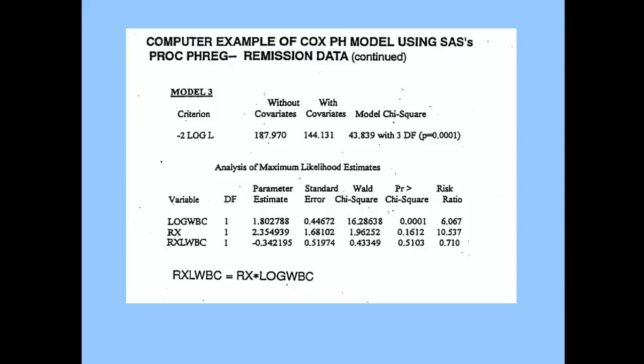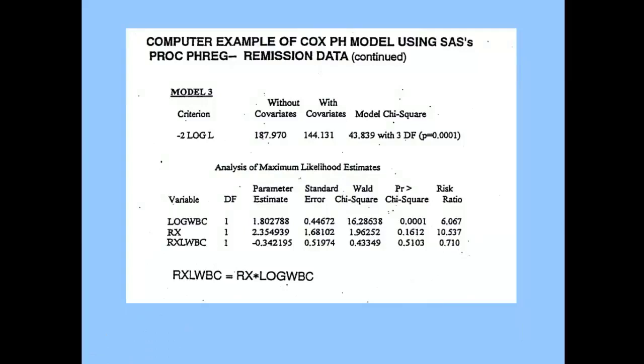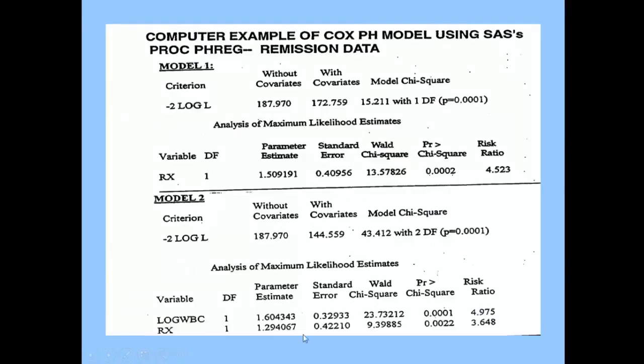Okay. What if I wanted to do a likelihood ratio test and I had Model 3 and I had Model 2? What would I do? You notice you see minus 2 log L? See that? And you see minus 2 log L here? With covariates, 144.131. With covariates, 144.559.